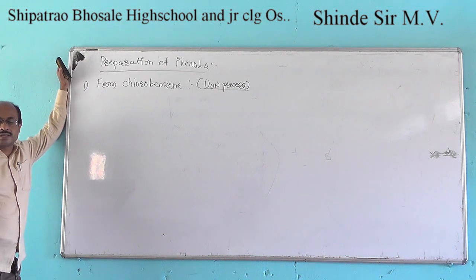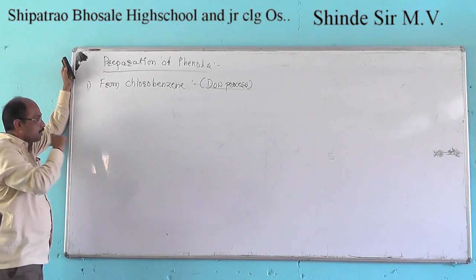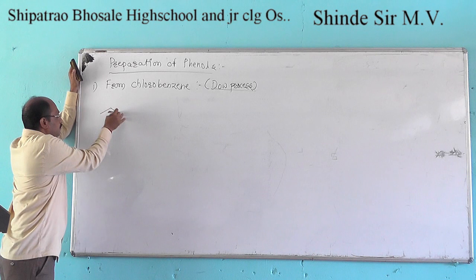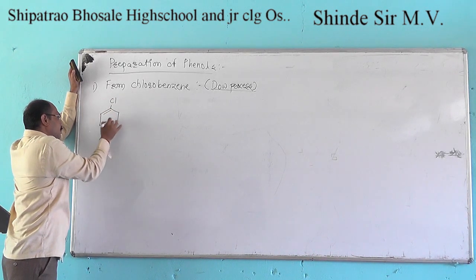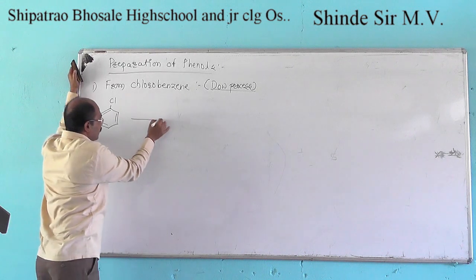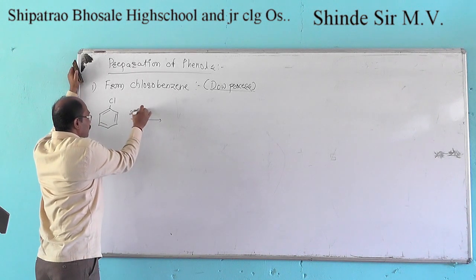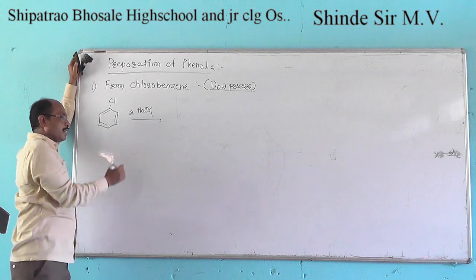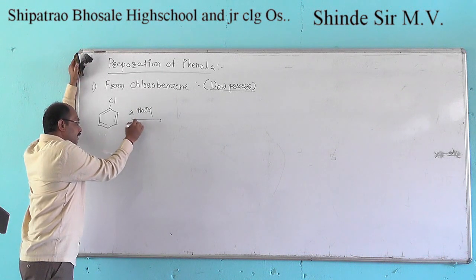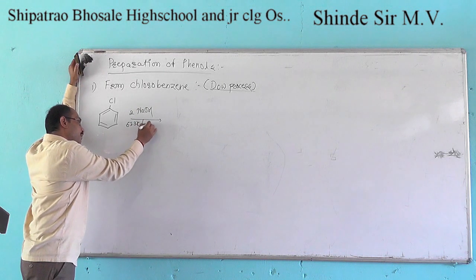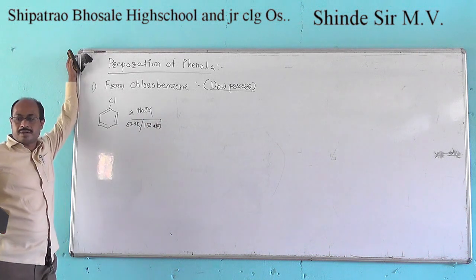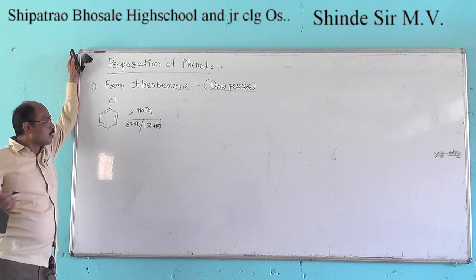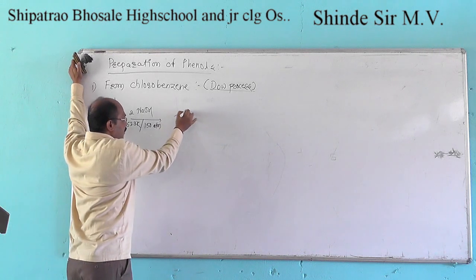Chlorobenzene is fused with sodium hydroxide at 623 Kelvin and 150 atmospheric pressure. Sodium phenoxide is prepared.